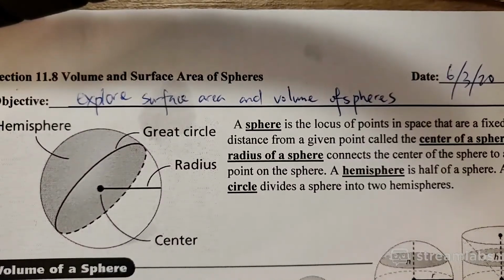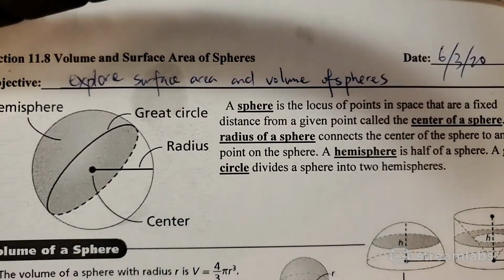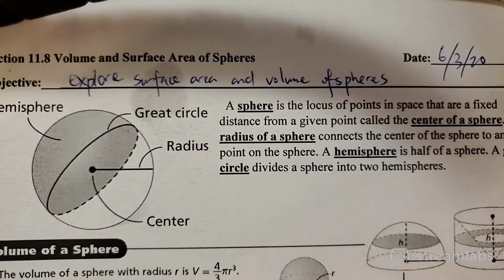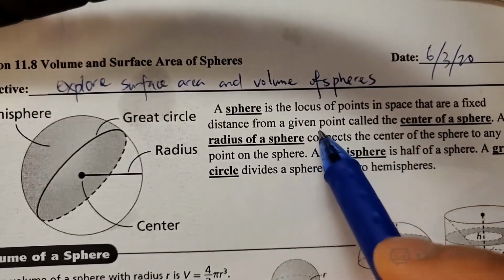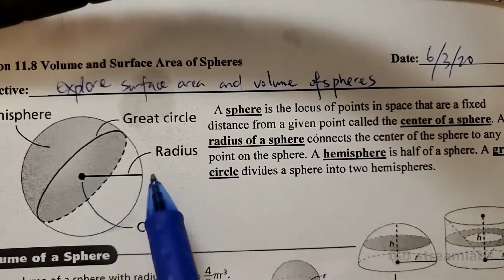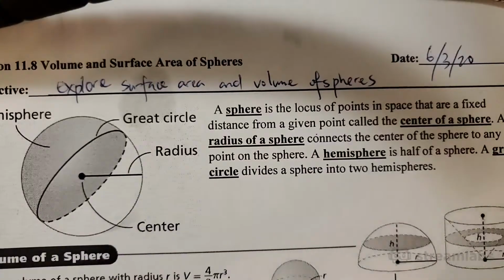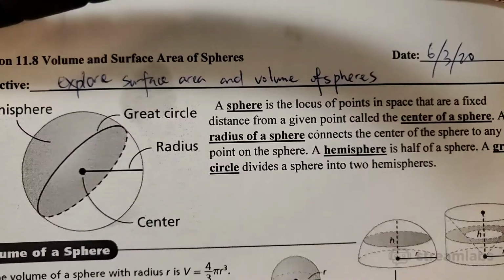Here we go. So, this is a sphere, like a ball, you know. And this is the locus of the points. Locus is the entirety of the points in space that are a fixed distance from a point called the center of the sphere. And then you have a radius, and you go all the way around, right? So these are called hemispheres. You know, you see northern hemisphere and southern hemisphere, that kind of thing.